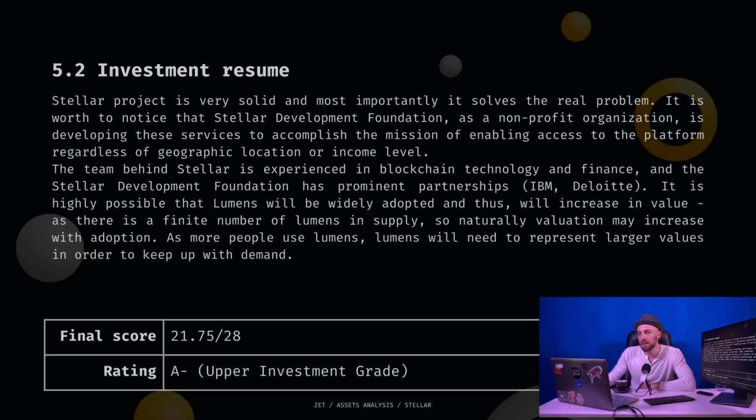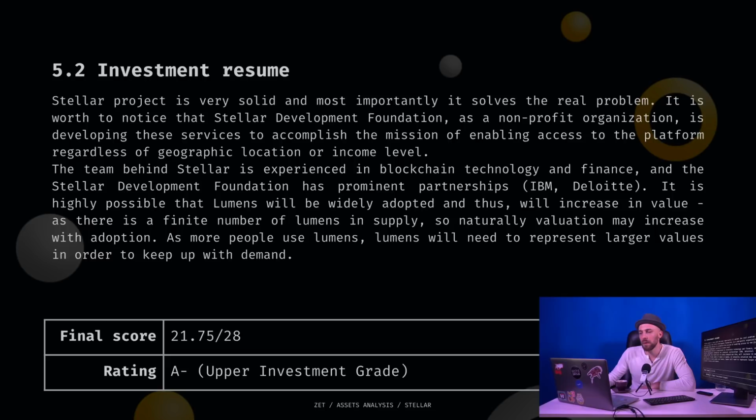It is worth noticing that Stellar Development Foundation is a non-profit organization developing these services to accomplish the mission of enabling access to the platform regardless of geographic location or income level. The team behind Stellar is experienced in blockchain technology and finance, and the Foundation has prominent partnerships with IBM and Deloitte and others.